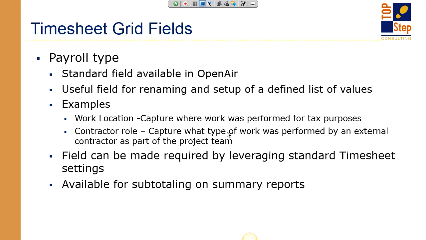You can have a drop-down of roles. So, what role was I playing on this project? I've seen even folks use payroll type instead of tasks. They have a standard drop-down of the different types of activities on a project, and they use that, and it replaces the task feature and use it that way.